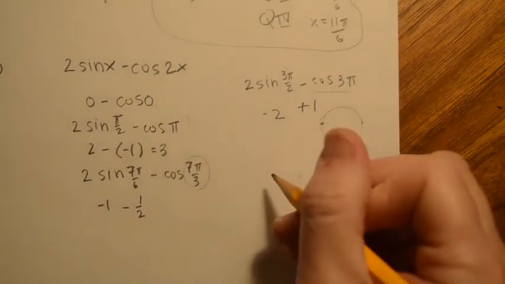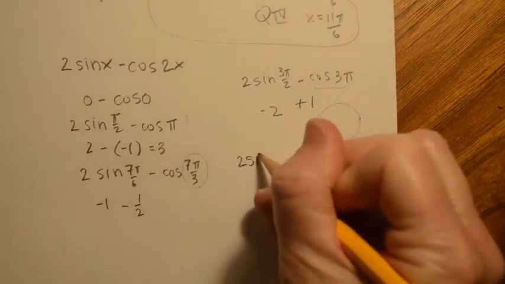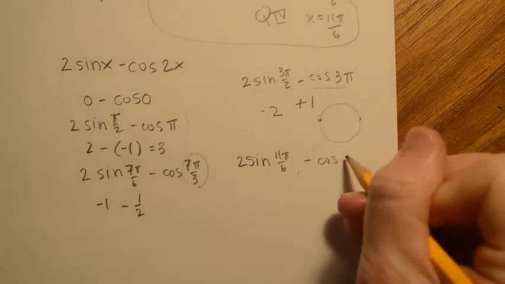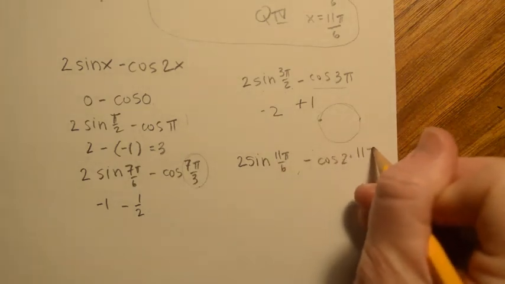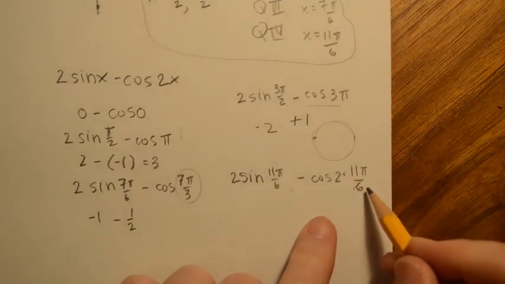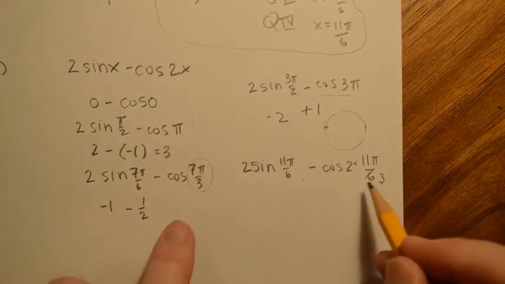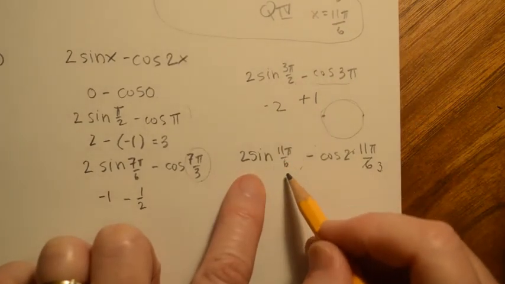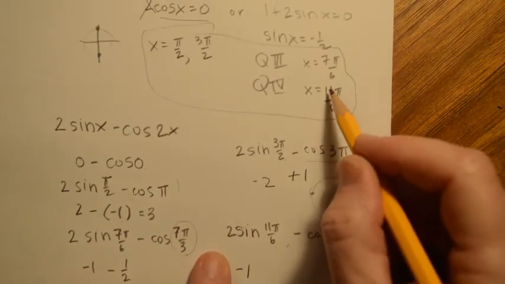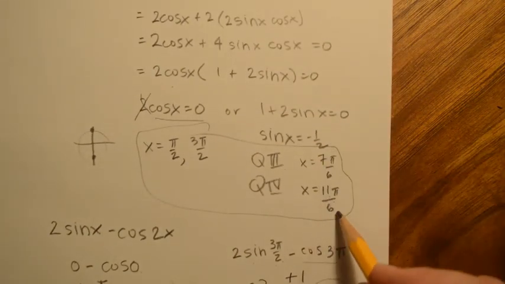All right, 11 pi over 6. 2 sine 11 pi over 6 minus cosine of 2 times 11 pi over 6. Again, this is going to give us an 11 pi over 3. So here we go. This is -1/2 times 2 is -1. Again, I know that because I just found out when sine was -1/2. It was up here.